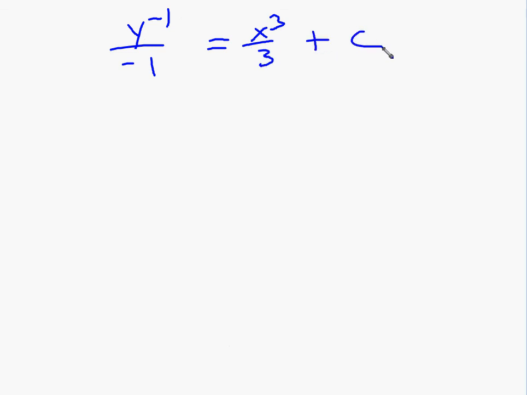So we now know that my c value was negative 4/3. So now I can say x cubed over 3 minus 4/3 equals, well, this is kind of ugly over here on this left side. All right? Really what I have is negative y to the negative 1, which is really negative 1 over y. Something like that. Okay?